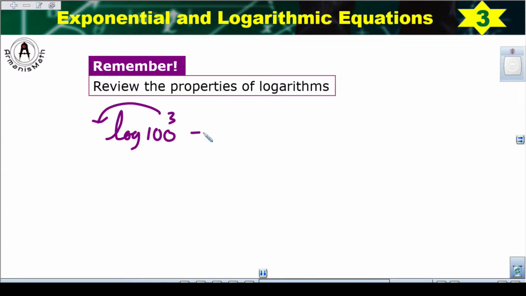So you basically put equals 3 log base 10 of 100. How do you go from 10 to 100? 2. So basically the value here is 2, which in this case is 3 times 2, which is 6. We talked about this property. We did some of it today.